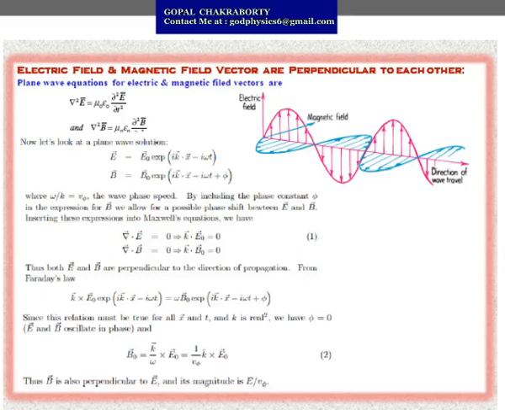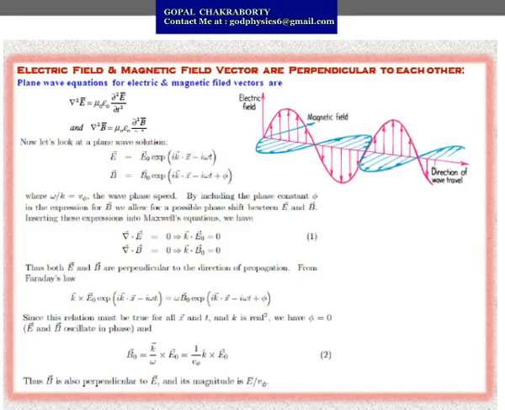Here, by including the phase constant phi in the expression for B, we allow for a possible phase shift between E and B. Inserting this expression into Maxwell's equations, we have del dot E equals 0, therefore k dot E naught equals 0, and del dot B equals 0, therefore k dot B naught equals 0. Thus both E and B are perpendicular to the direction of propagation.